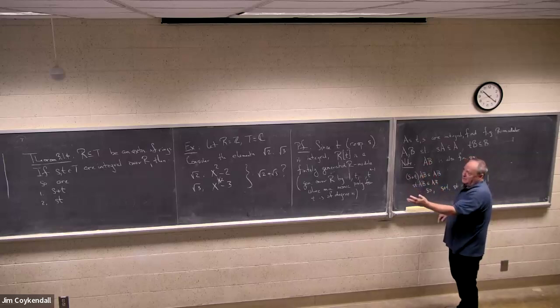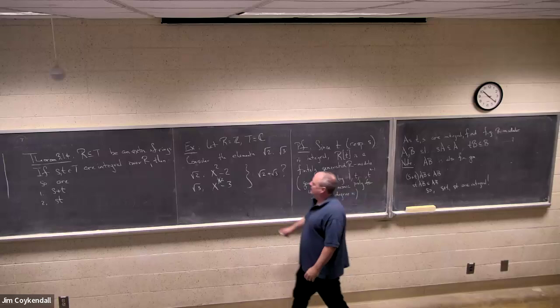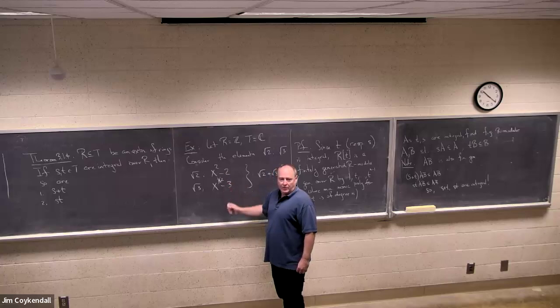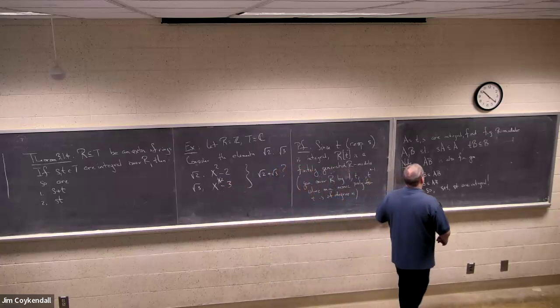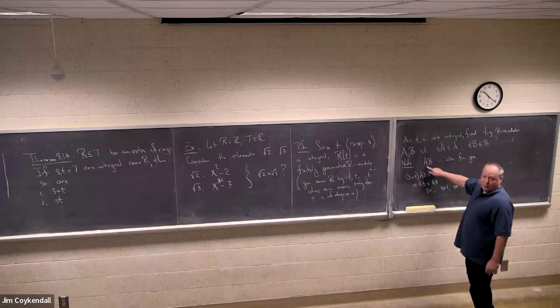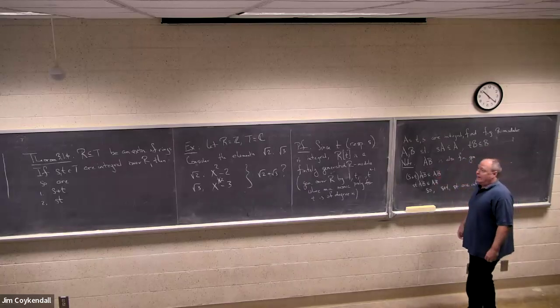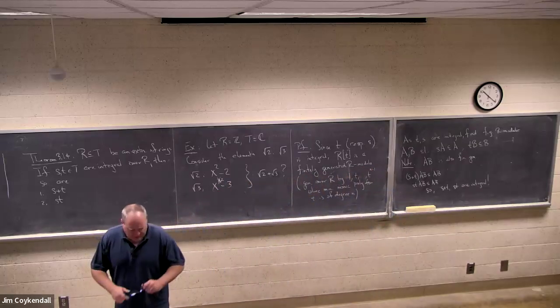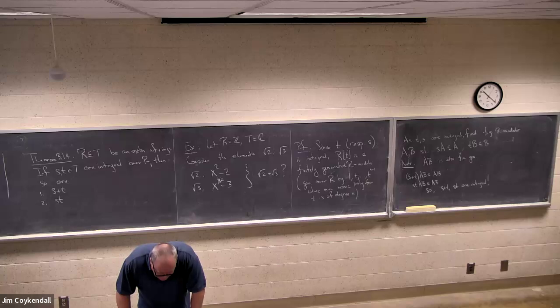Remember how with the example, we saw that my module might be generated by 1 and the square root of 2, 1 and the square root of 3, and in the product, we have this kind of larger module, and we got a 4th degree out of it. Okay, any questions on that?